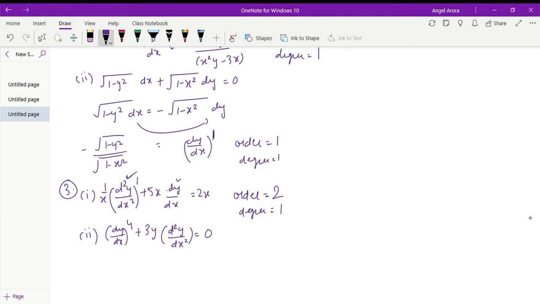In this case, this is a first order derivative and this is a second order derivative. The highest order derivative is of second order, so the order will be 2. And for the degree, this is in polynomial form, this is also in polynomial form, so the power is 1 here, so the degree will be 1. Fourth question.